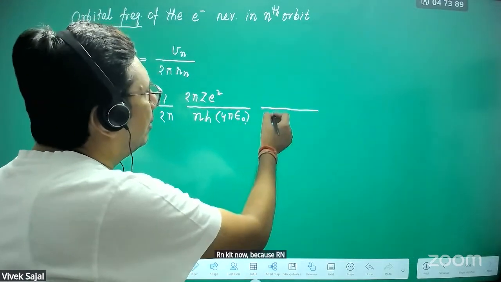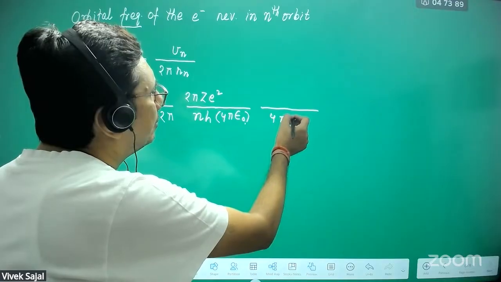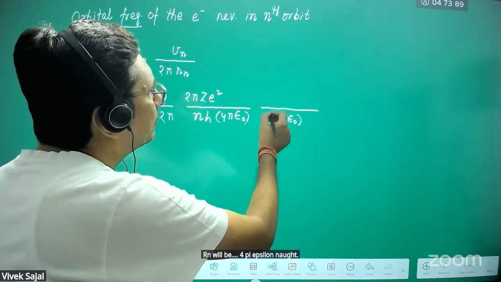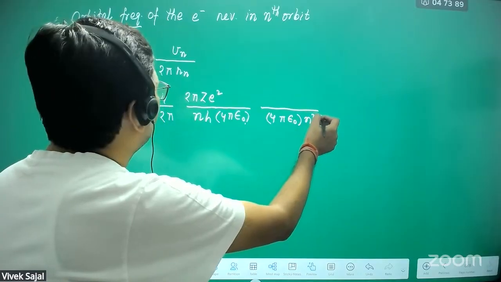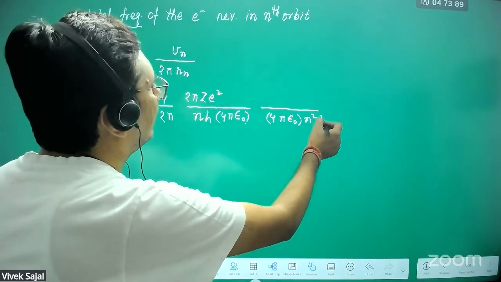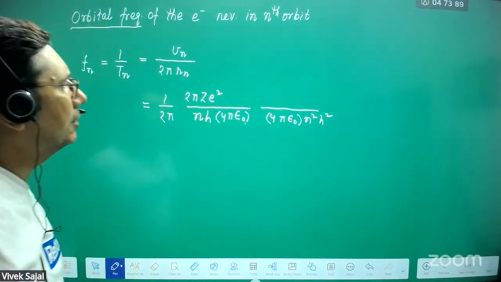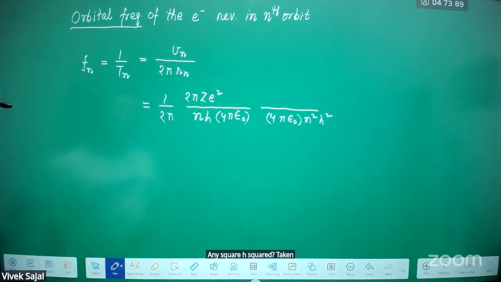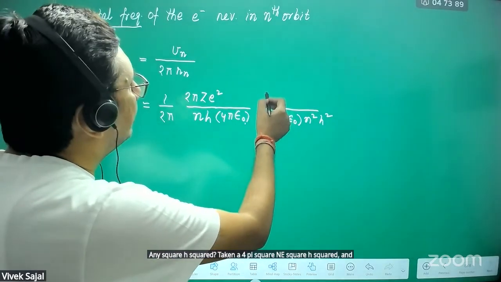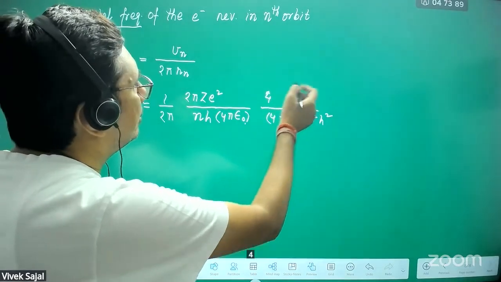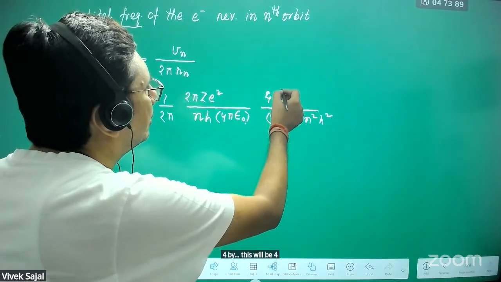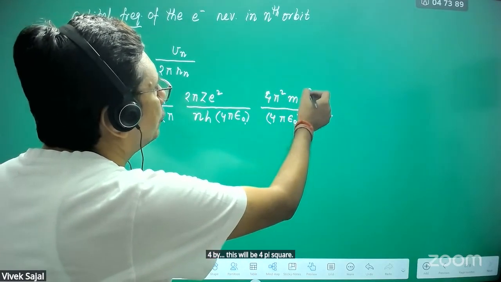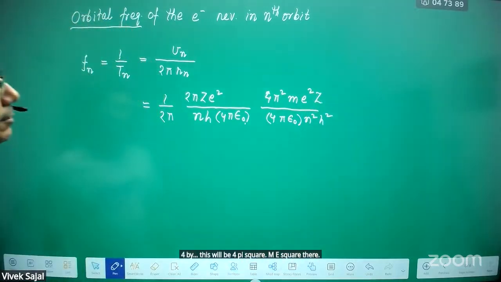Rn will be 4 pi epsilon naught n square h square. ठीक है ना? 4 pi square n square h square, and this will be, Rn was 4 pi, this will be 4 pi square m e square Z. ठीक है ना? e square Z. So just check it. ठीक है? So these values are there.